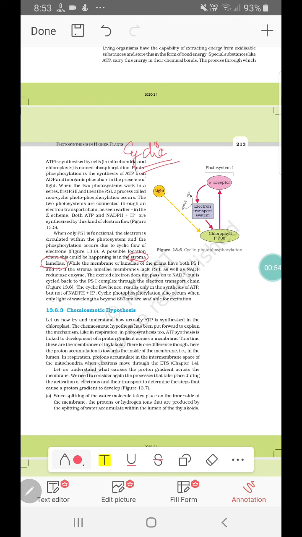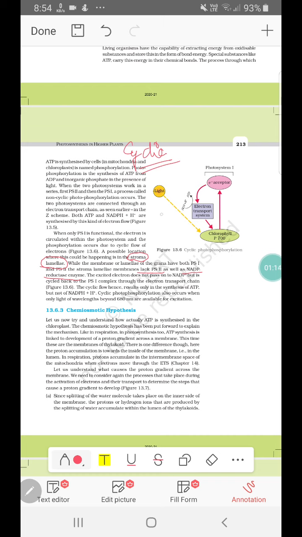Grana or thylakoid have both PS1 and PS2, but stroma lamellae membranes lack PS2 and they also lack the NADP reductase enzyme. So this cyclic photophosphorylation will occur at wavelengths above 680 nanometers only.